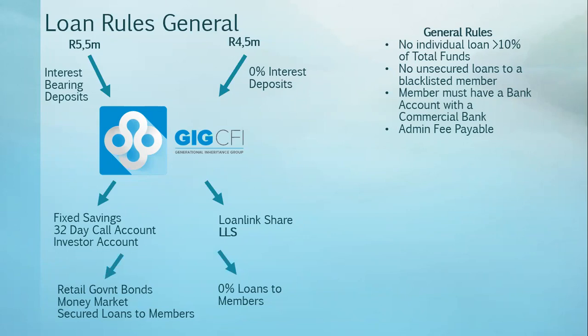Now, if you borrow interest-free, then we have to look at how much money we have in our interest-free fund, and we can then only use money in that fund. So currently, the highest amount that any person can borrow is, because our fund is at 4.5 million, 450,000 Rand.